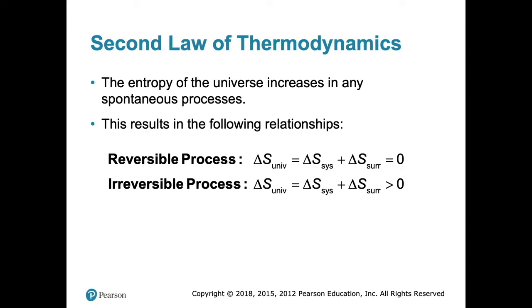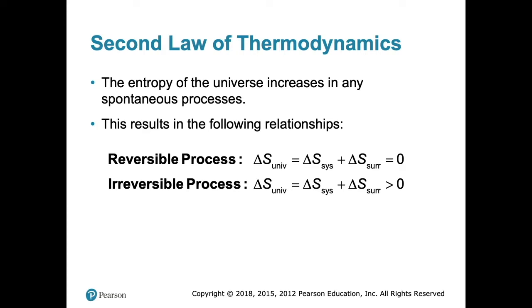And so this results in the following relationships. If you have a reversible process, the delta S of the universe is the delta S of the system plus the delta S of the surroundings, and that equals zero.